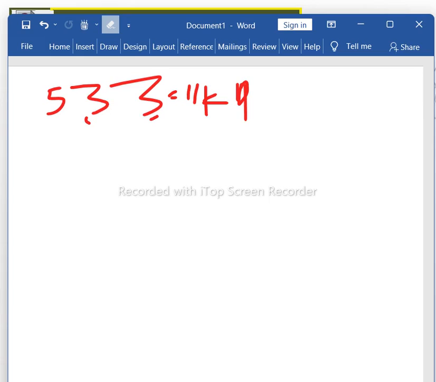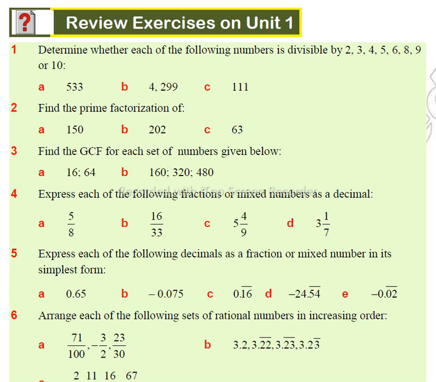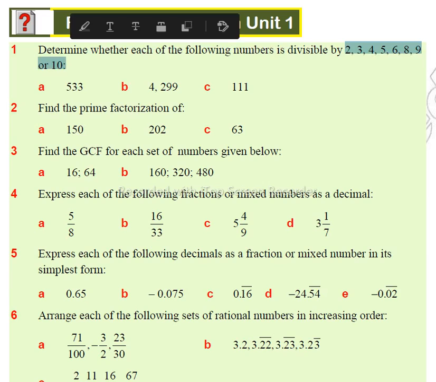As we saw before, if the number is divisible by 10, the last digit of that number must be 0. So this number is not divisible by any of them given here.